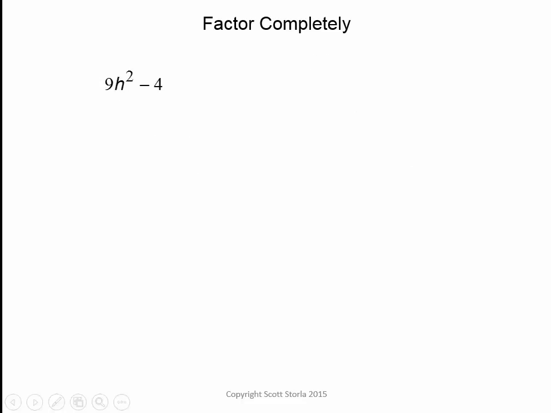Here's one that's a little unusual. See if you can figure it out. We're starting with a binomial, but we could make it a trinomial if we thought of our first degree term as 0 times h. Our value of AC then would be a negative 36, and our value of B would be 0.